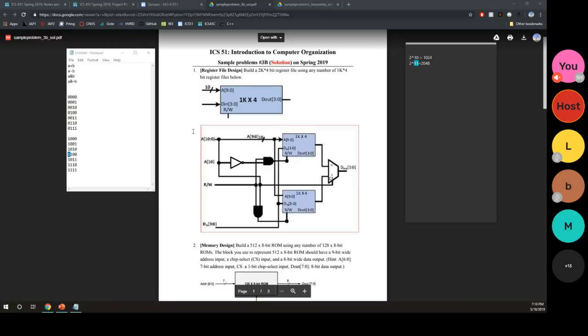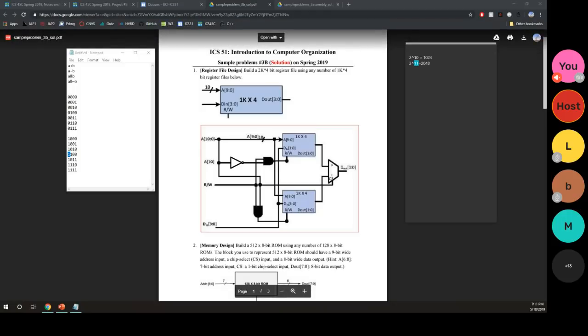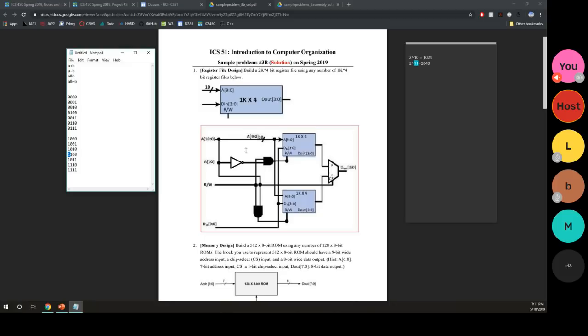Because we have 11 bits and we have 10 to 0. Just think like computer science. Okay, cool. Just want to make sure. So we're alternating between those two 1K registers here and here with that most significant bit.